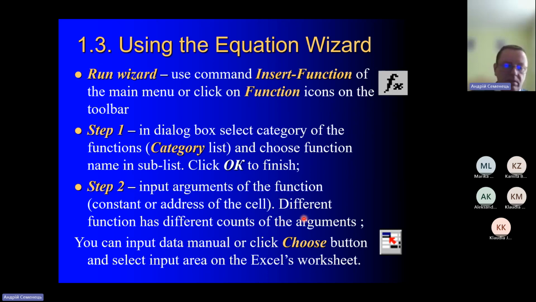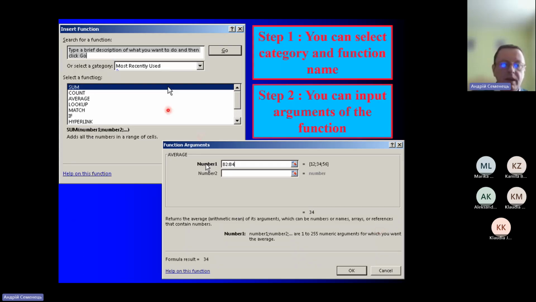Our spreadsheet has some automation tools, for example the insert function wizard, which is still available even in modern Excel versions. It provides a two-step dialog, and although the interface, icons and toolbars have significantly changed in modern spreadsheet versions, this dialog window has not, so it remains the same.